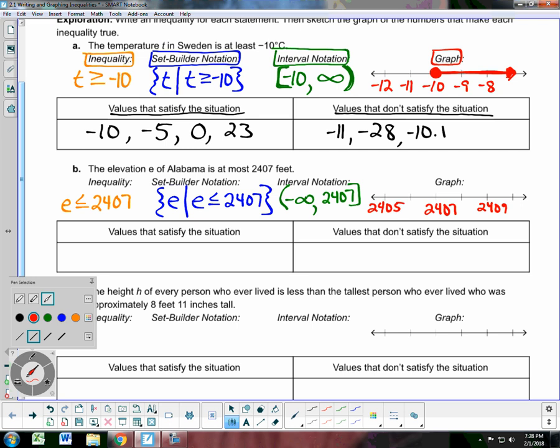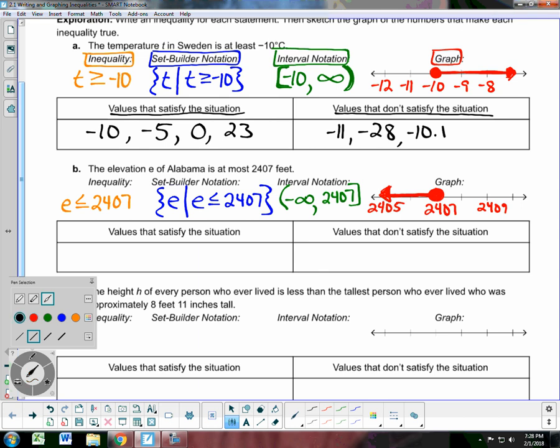Okay, so I put a circle at 2,407. Since I can land on 2,407, I'm going to fill it in with a filled-in circle. And since it's less than, we go to the left towards the negatives and towards negative infinity.